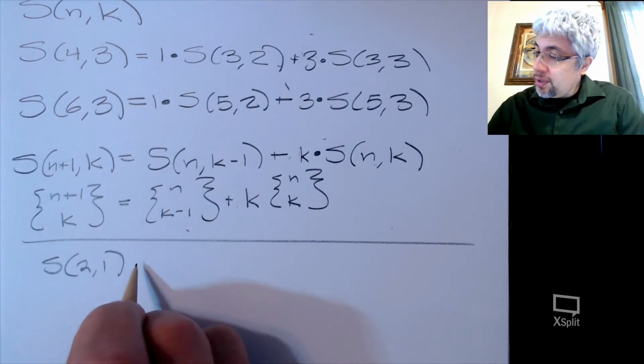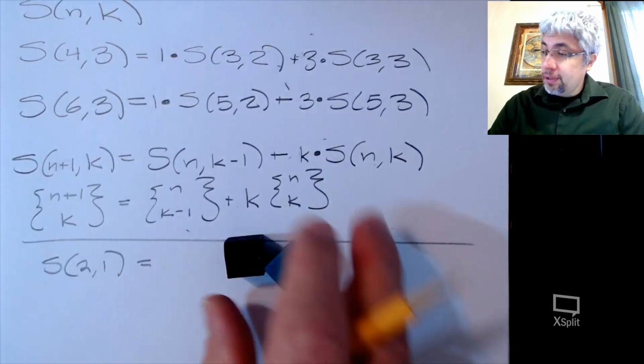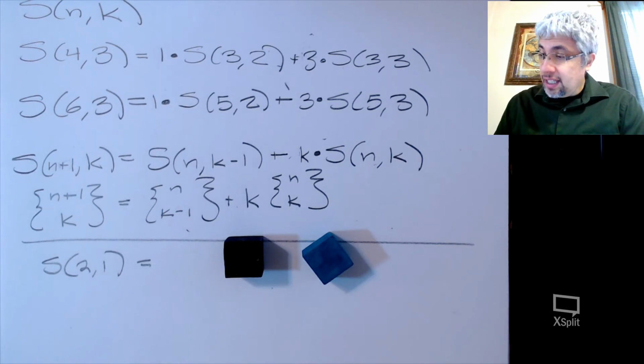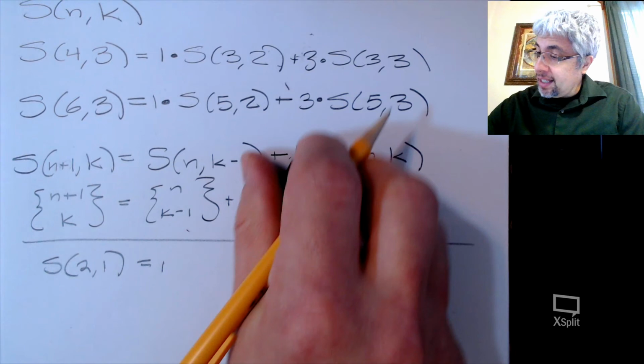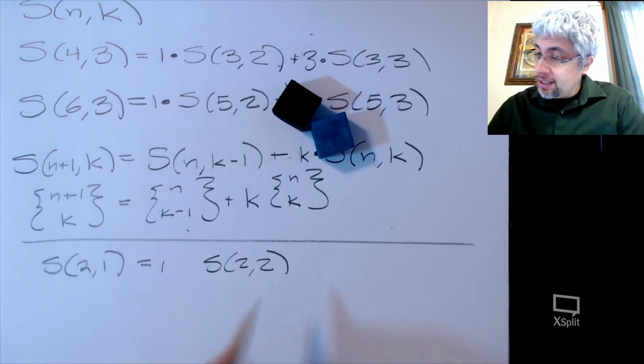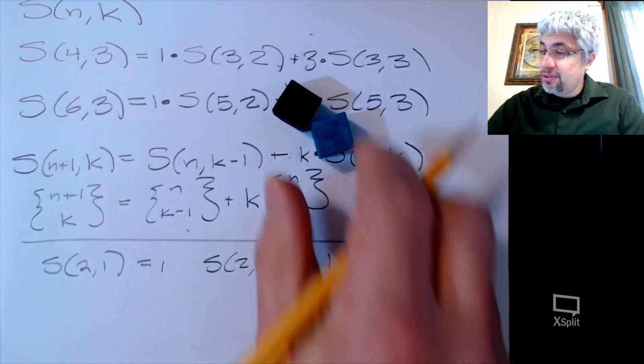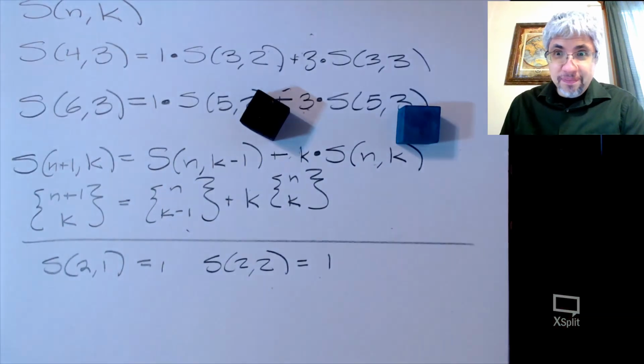S(2,1), which is the number of ways I could split 2 objects into one subset. Well, that's only 1. And then S(2,2), that's the number of ways I could split 2 objects into 2 subsets. Well, that's only 1, okay?